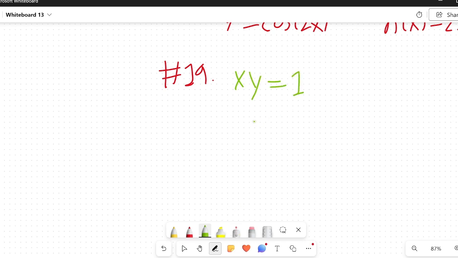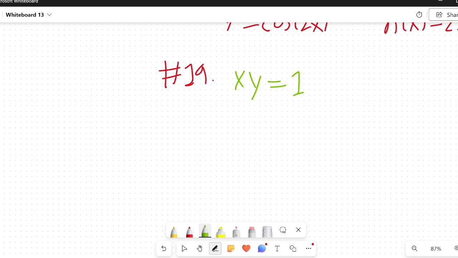We haven't looked into how we take the derivative of this equation, right? So right now the y isn't isolated. I mean, it should be obvious we move x to the other side, but essentially what we are going to do is use implicit differentiation.